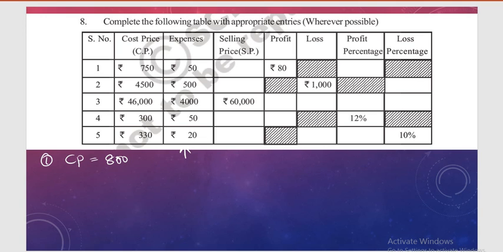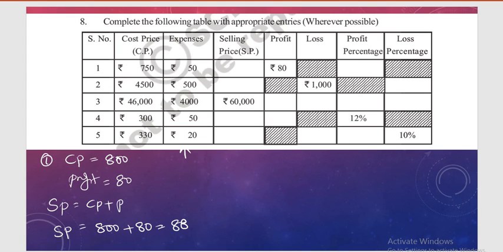If cost price is 800 and profit is given as 80 rupees, then we know selling price is equal to cost price plus profit only, no? So cost price 800 plus profit 80 rupees gives the selling price directly. So selling price is 880 rupees.